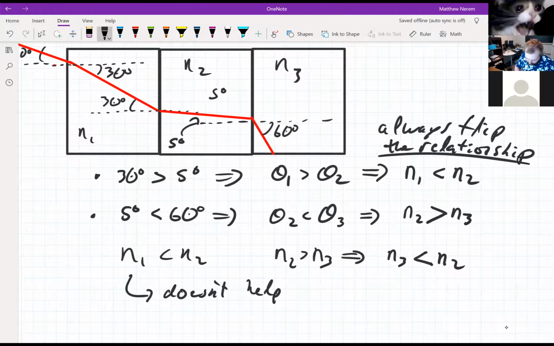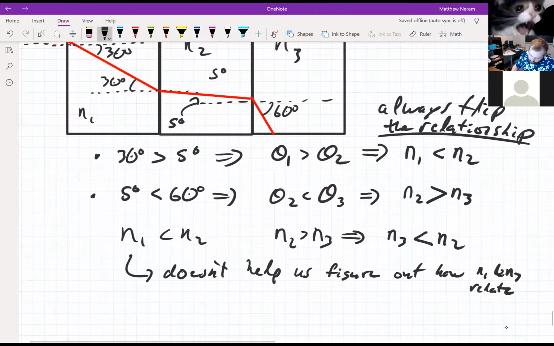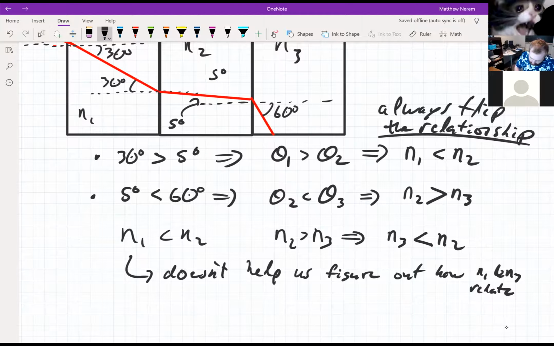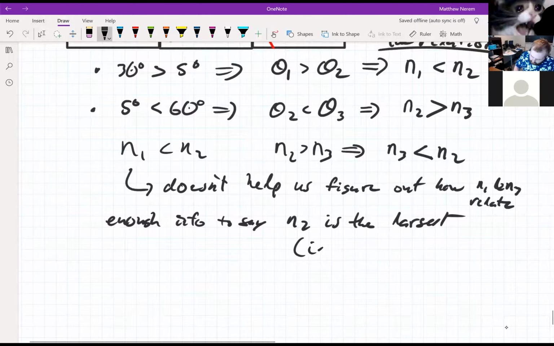Let's see if I can do that logic here. N1 has to be smaller than N2. N3 is smaller than N2. So with this, you have enough information to say N2 is the largest in this drawing.